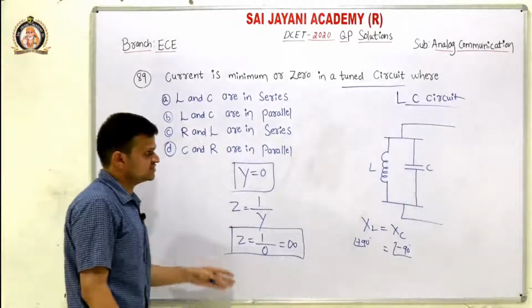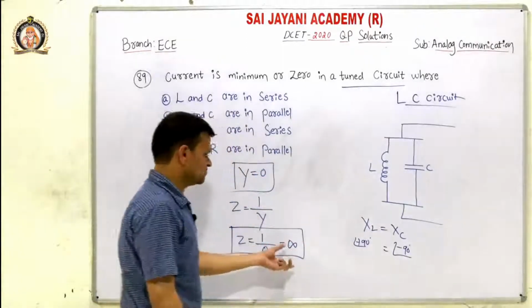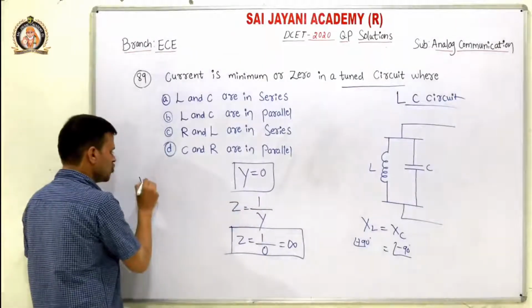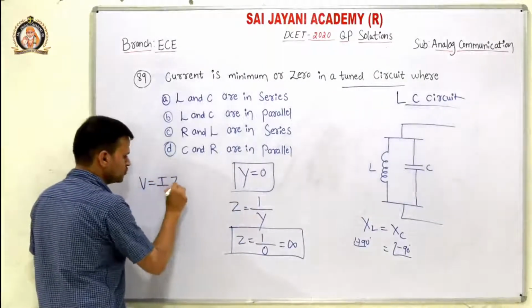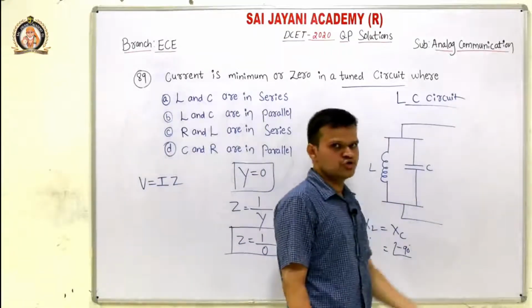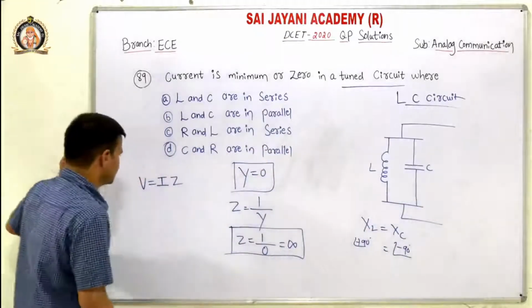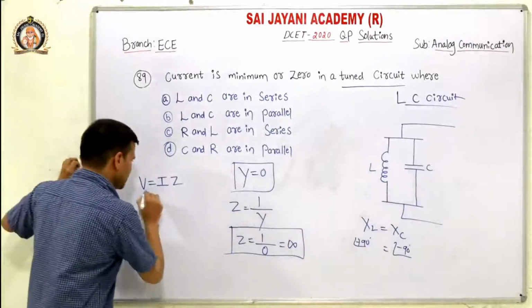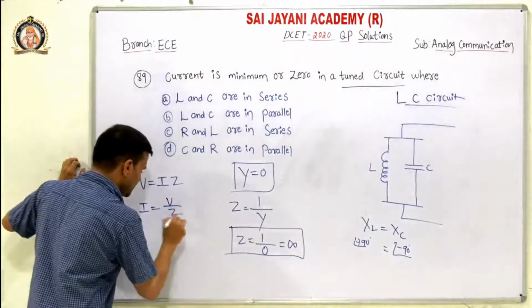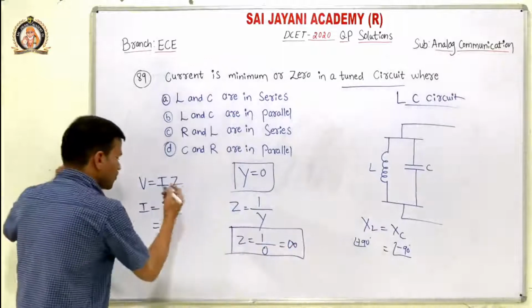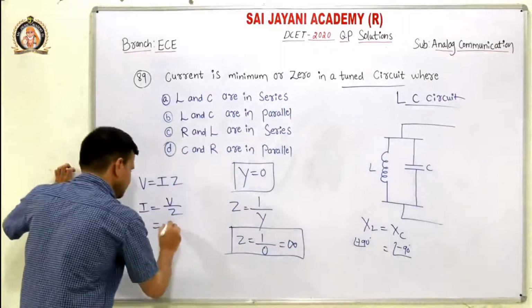So the impedance of LC circuit becomes infinite, and we already know Ohm's law, that is V is equal to IZ. Here we are applying a constant voltage, that is V. So the current can be calculated as I is equal to V divided by Z. The Z value is infinite for a constant value of voltage.